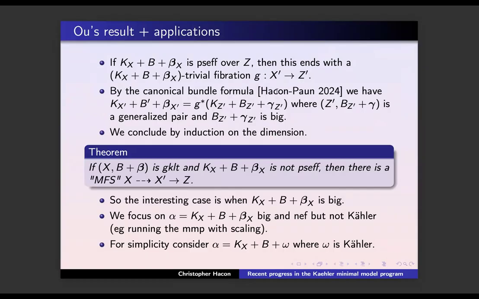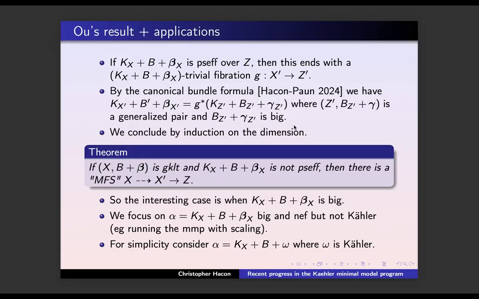And then by the canonical bundle formula, you can relate K_X plus B plus beta_X to some generalized KLT pair on Z prime. So K_X' plus B' plus beta_X' will be the pullback of a generalized KLT pair on Z prime. And since B plus beta_X was big, you can arrange that B_Z' plus gamma_Z' will be big. And then you can continue an induction on the dimension.